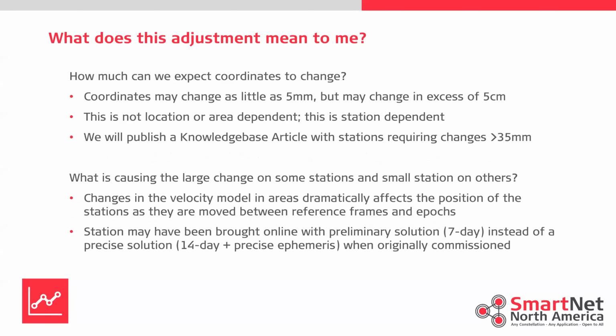A second ago, we got a question. What does this mean? How much can we expect to change? So coordinates can move as little as 5 millimeters, really as little as 2 millimeters. There are a couple stations moving just 2, but they can change in excess of 5 centimeters. Just to give you an idea, we gave a big range when we first started doing these webinars because we'd done the initial processing run, but hadn't got final QA/QC done.